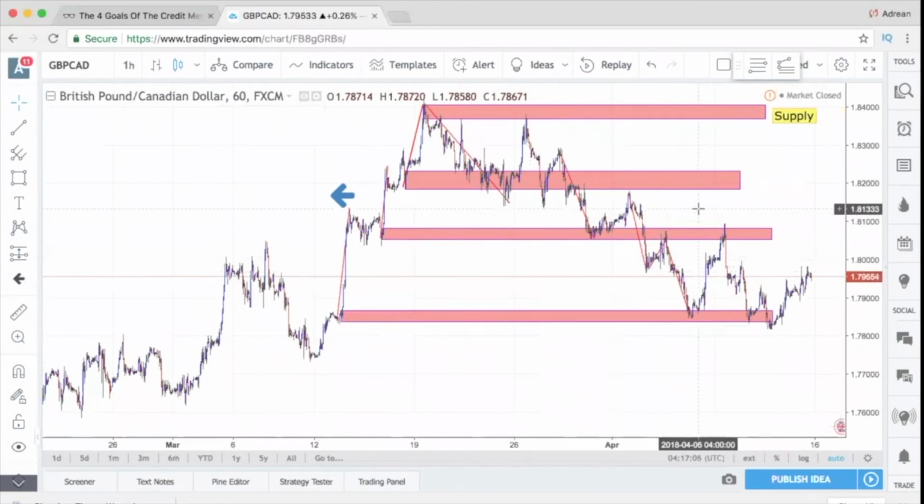Supply and demand, again, just to give you the definition, marks out those major hard areas where, once the market hits, there is a super high powerful area that the market has a very significant problem breaking. As I talked about in my last video with support and resistance, the day time frame marks out those key areas of consolidation.